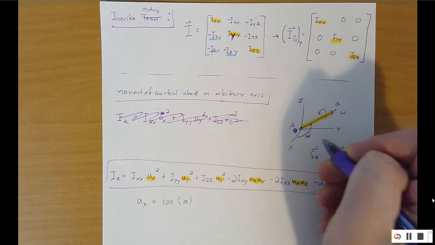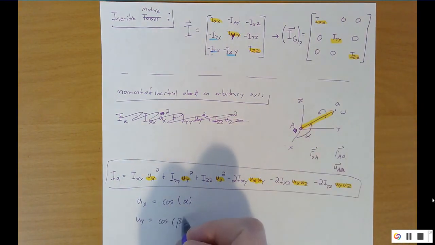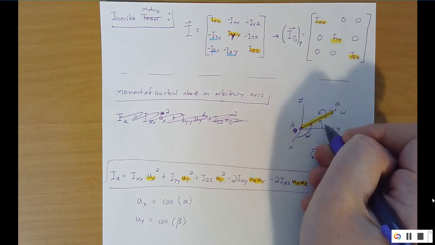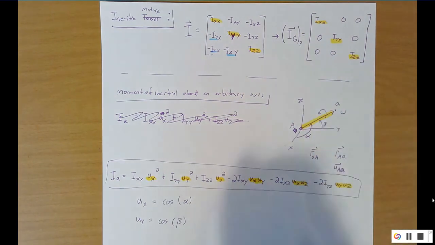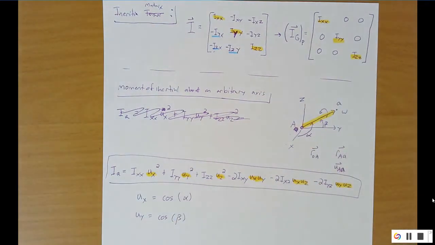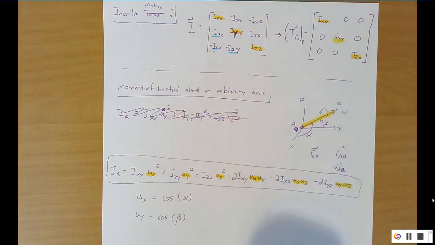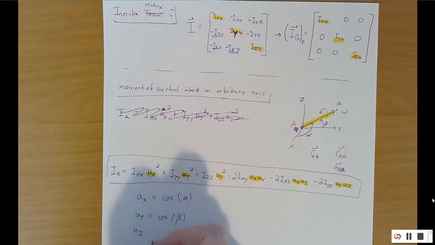And then uy being cosine of beta, where beta is measured from the positive y-axis to the line. So make sure you put these things tail to tail. Notice that both of these point out and are common points, so the beginnings of them start at the same point. And then uz will just be cosine of gamma.